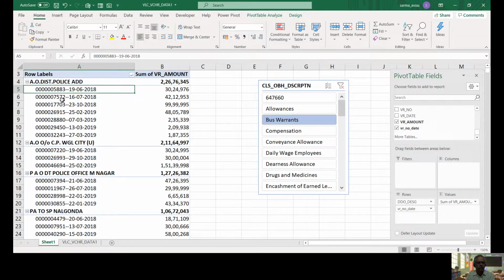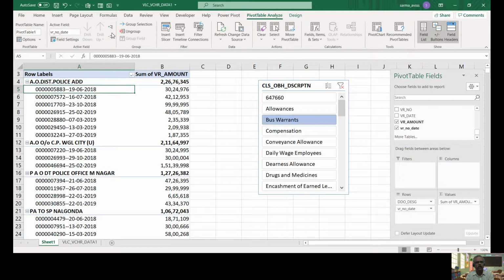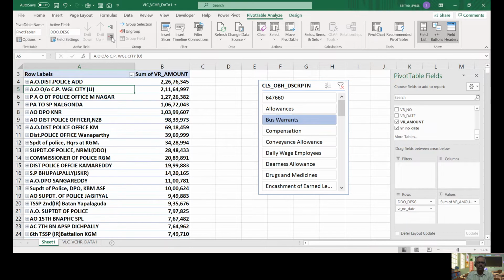Here we can easily identify why some people are spending only hundreds and some people are spending in crores, right? Similarly, one more thing is we can go through the DDO names. Sometimes, suppose you find a headmaster, the DDO name appears there. So why is a headmaster drawing bus warrants? He is not supposed to spend on that, isn't it?